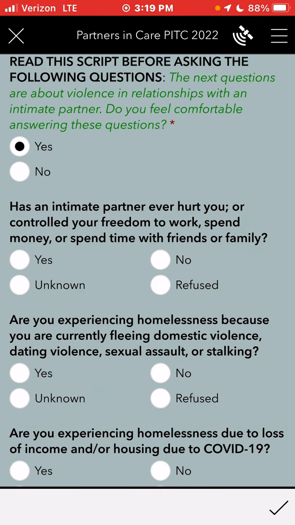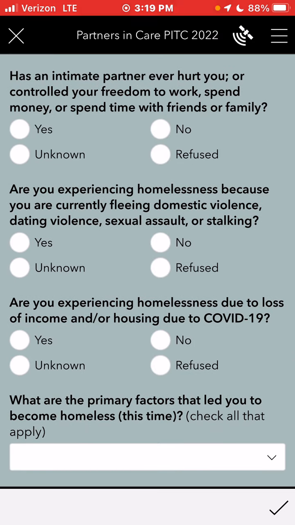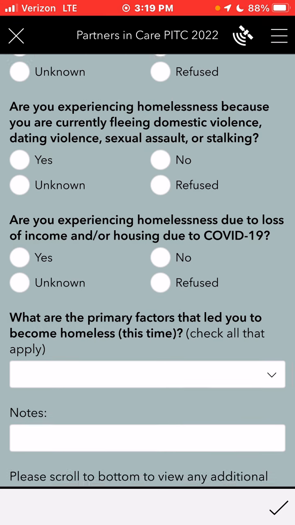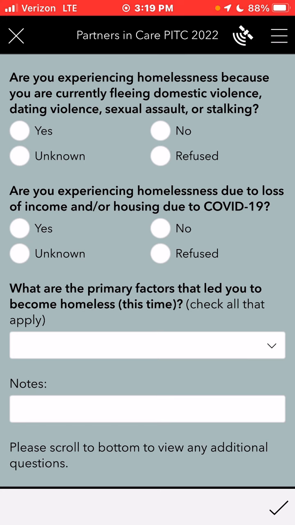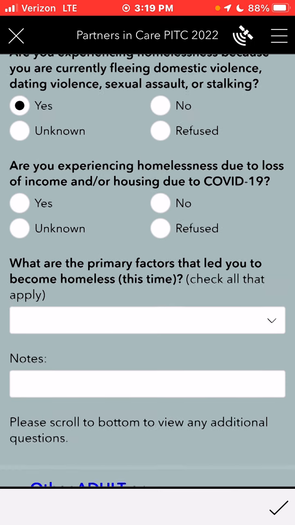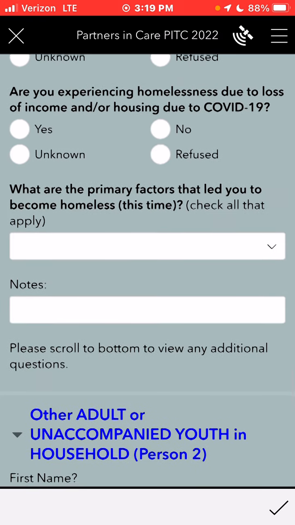The first one reads, has an intimate partner ever hurt you or controlled your freedom to work, spend money, or spend time with family or friends? Yes, no, unknown, refused. And the next one reads, are you experiencing homelessness because you are currently fleeing domestic violence, dating violence, sexual assault, or stalking? That's it for the domestic violence questions.